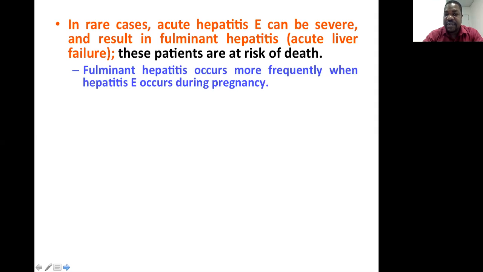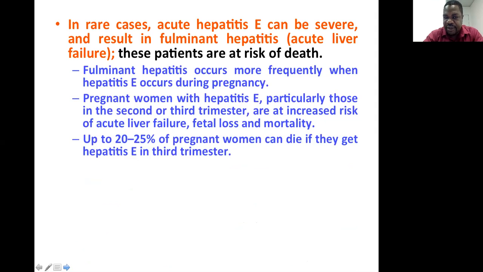So fulminant hepatitis occurs more frequently when hepatitis E occurs during pregnancy. This is a major problem, with a case fatality rate between 25 and 35% of pregnant women. Pregnant women with hepatitis E, particularly those in the second or third trimester, are at increased risk of acute liver failure, fetal loss, and mortality.